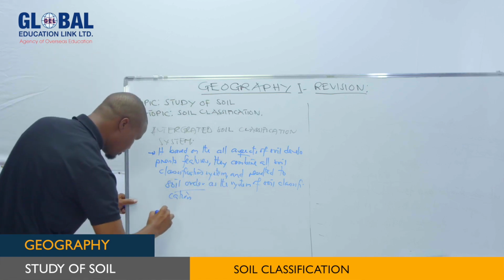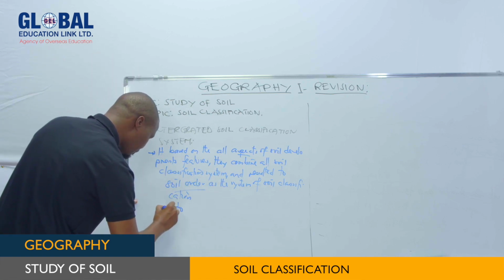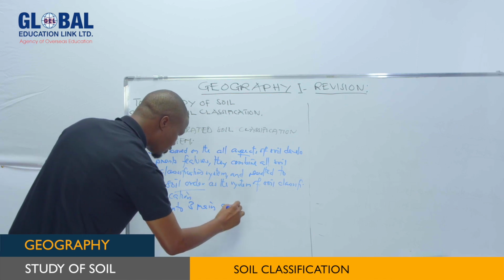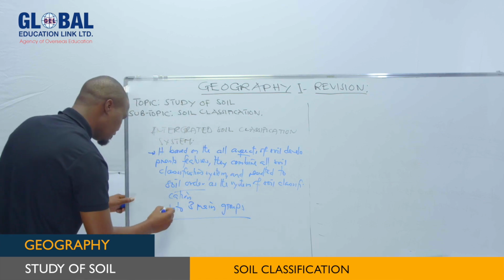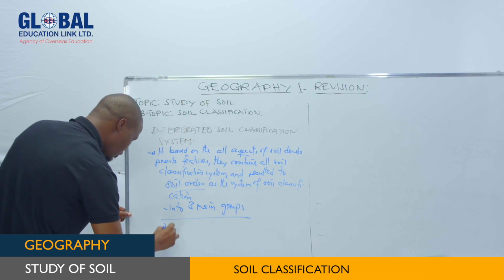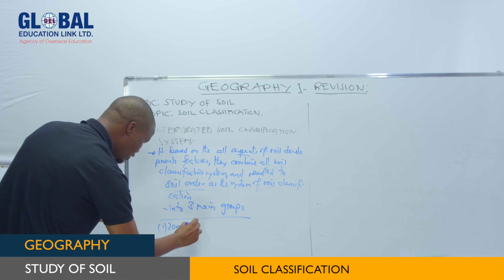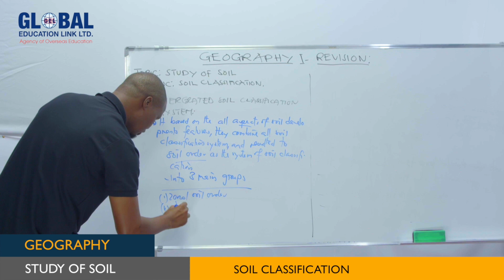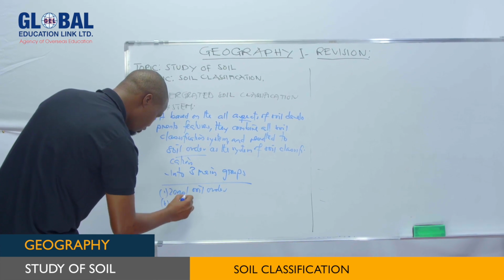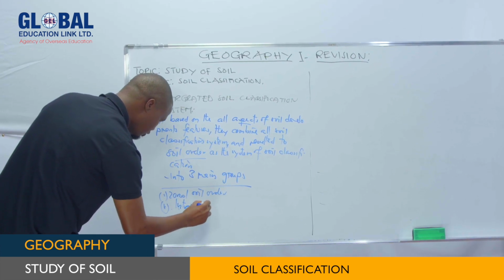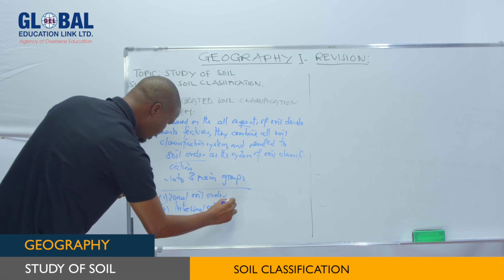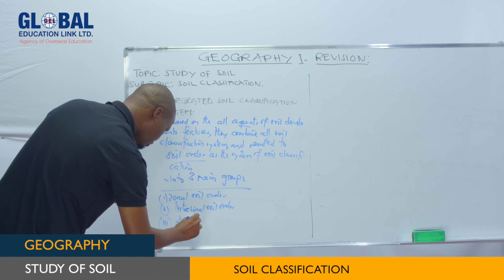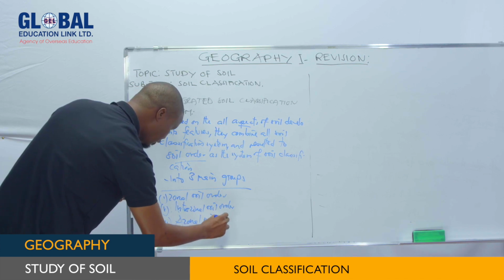According to order, they classify soil into three main groups. We have the zonal soil order, the intrazonal soil order, and the last one is the azonal soil order.